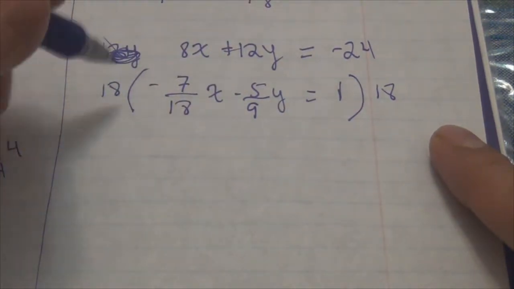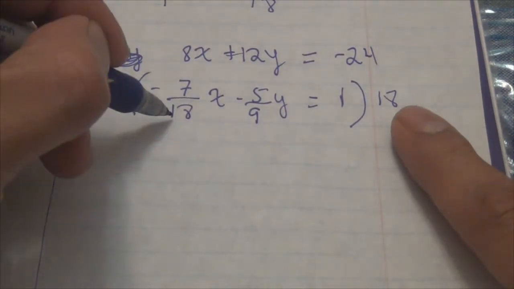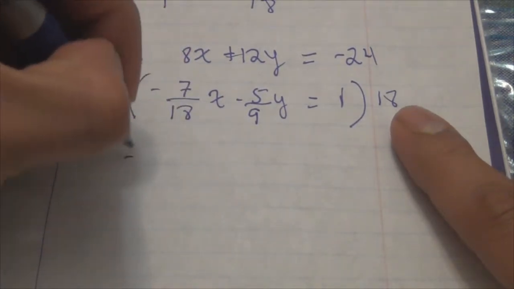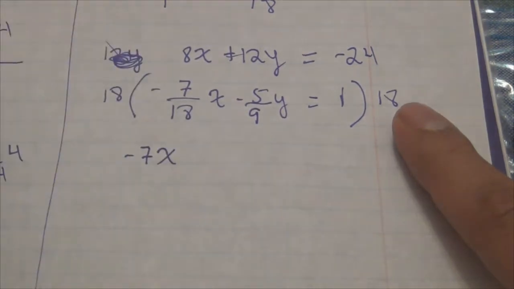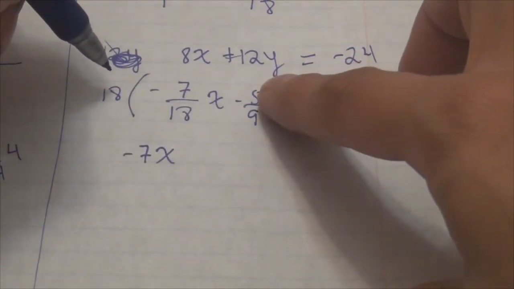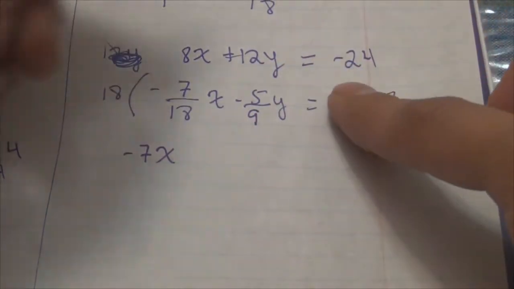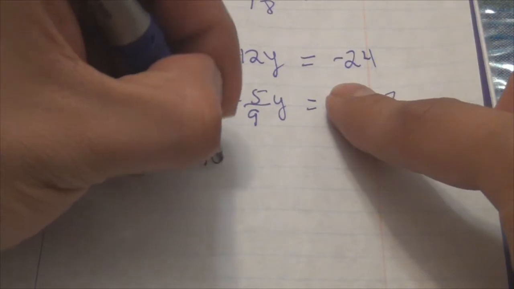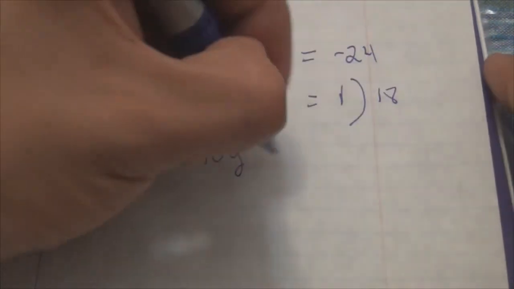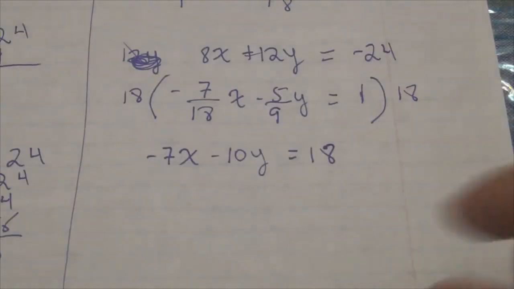When I multiply by 18, this 18 cancels with this 18, so that leaves you with negative 7x. 18 times 5, I don't know what it is, but I know that 18 divided by 9 is 2, times 5 is 10. So minus 10y equaling 18 times 1, which is 18.